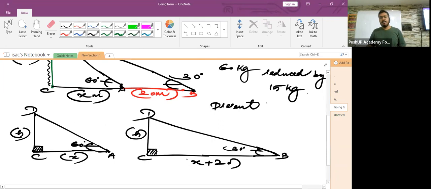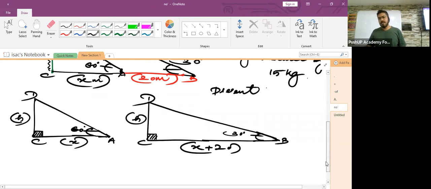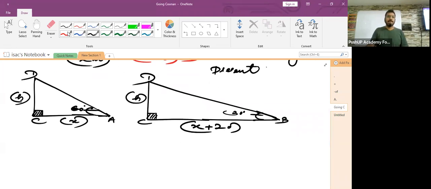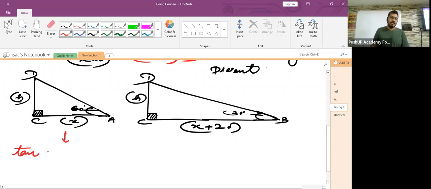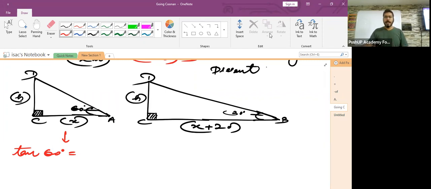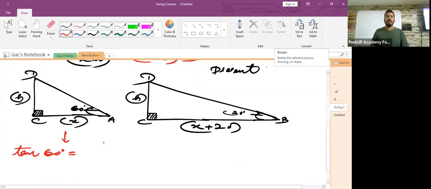All right. Anuki, you tell me which function you want to use. Tan function? All right. So tan 60 is equal to, tell me, what is it? From this figure, DC by CA, how much?